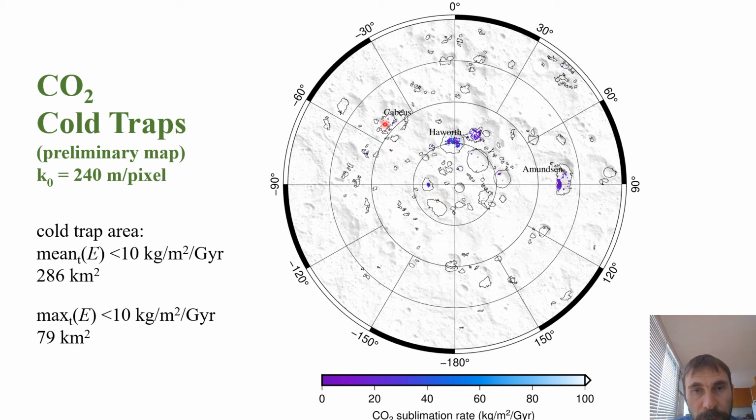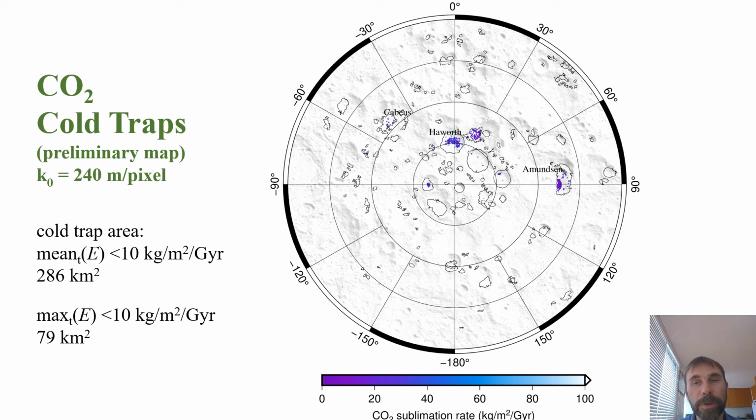At Cabeus too, but it's a tiny cold trap. But even if one picked 10 kilograms per square meter per gigayear, we would still have patches there. So we're talking about 300 square kilometers, roughly, of CO2 cold traps, concentrated mostly in a few areas.